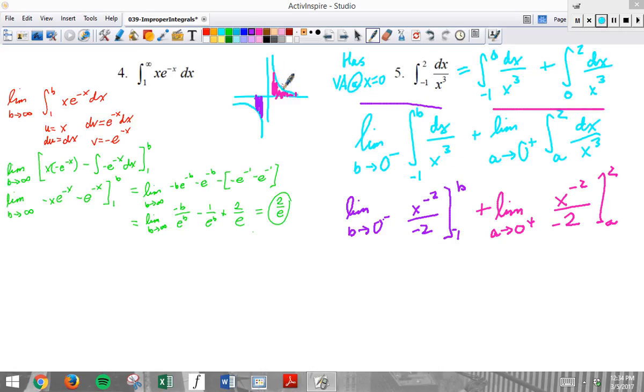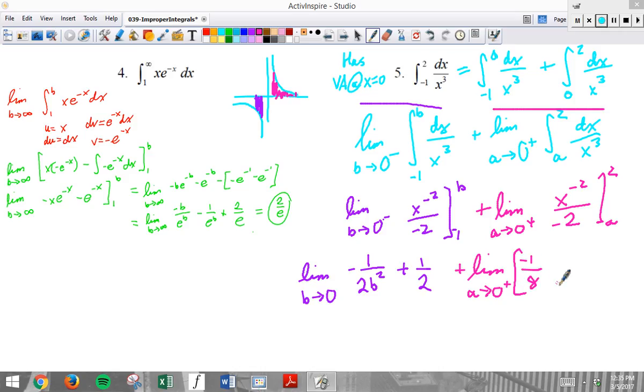Now we just plug in the bounds. B going to 0 for negative 1 over 2b squared plus 1 over 2, plus the limit as a goes to 0, sorry, not infinity, 2 to the negative 2, should get negative 1/8, plus, sorry, 1 over 2a squared.